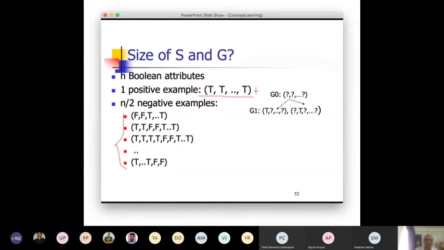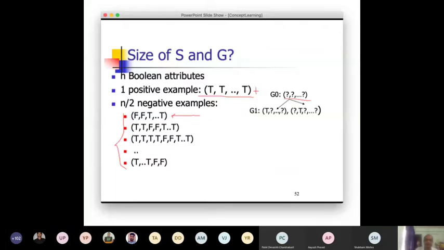Now when you get this negative example, you have to modify, because this hypothesis is not consistent with this negative example. How do you modify it? You cannot put F here, because this is a positive example.